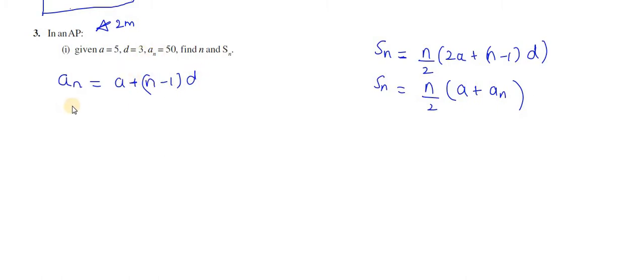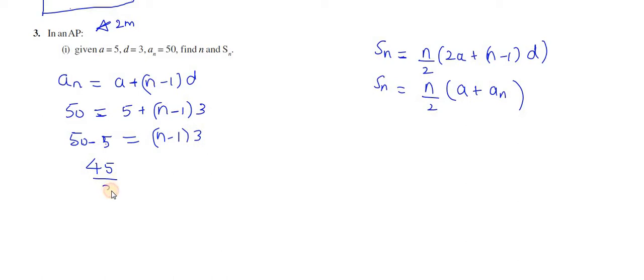So what is an? 50 is equals to a, that is 5, plus n minus 1 into d, and d is 3. Now simplify here. 50 minus 5 is equals to n minus 1 into 3. 50 minus 5 is 45.